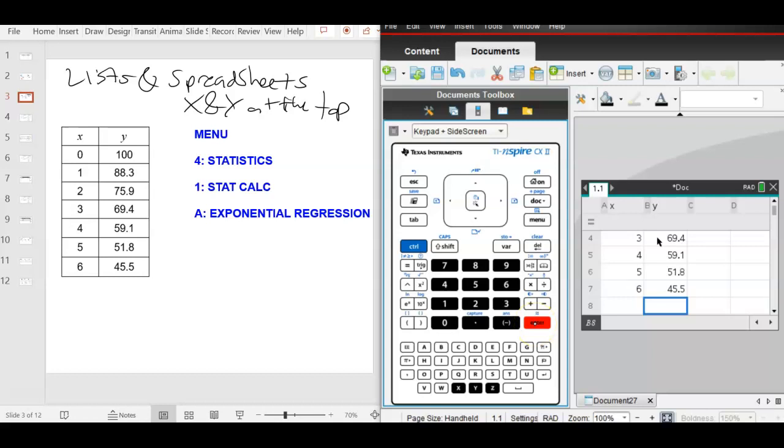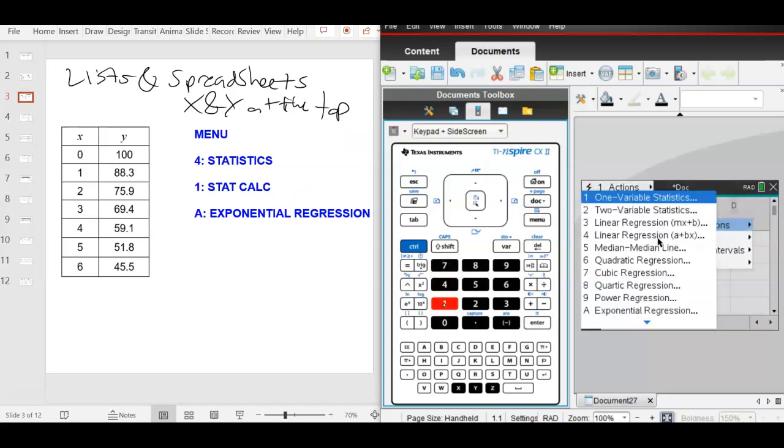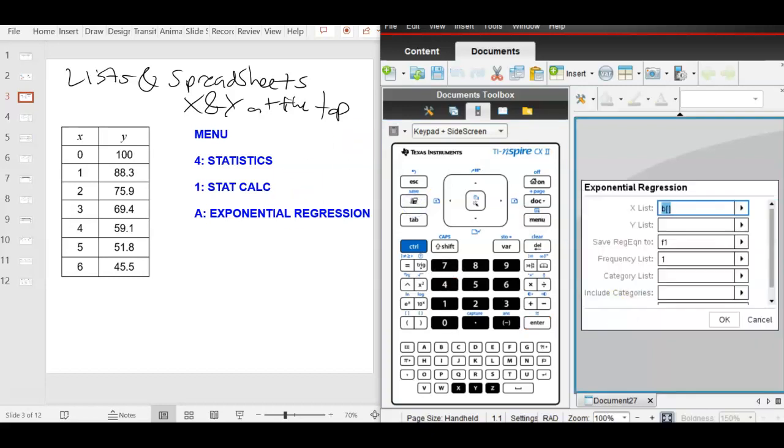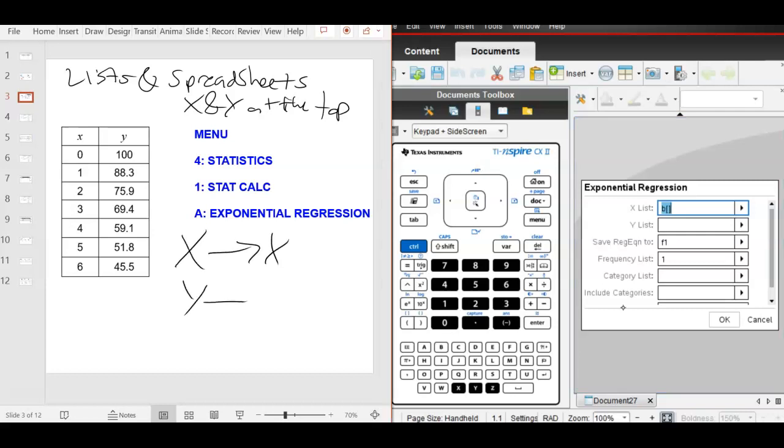You understand? Are you trying it out? Menu 41A. A is for exponential regression. So I'm pressing menu 41. A at the bottom says exponential regression. Now right here, you actually have to do something. If you just press OK, it's not going to work. X must be X and Y must be Y in the first two boxes. X is X, Y is Y.